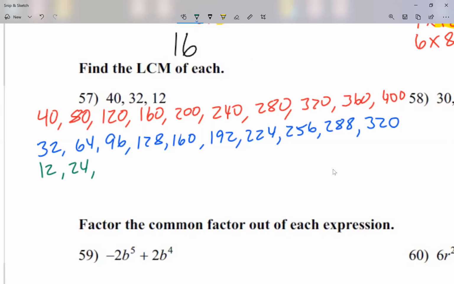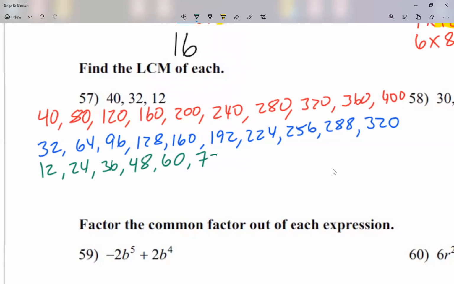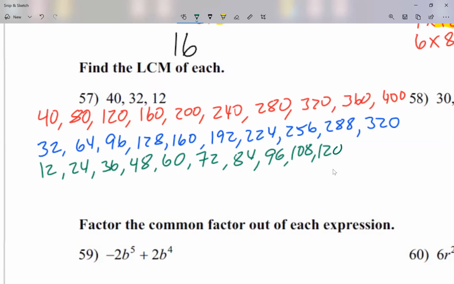Each time I add 12 more: 36, 48, 60, 72, 84, 96, 108, 120, 132, 144, 156. Okay, let me stop here.